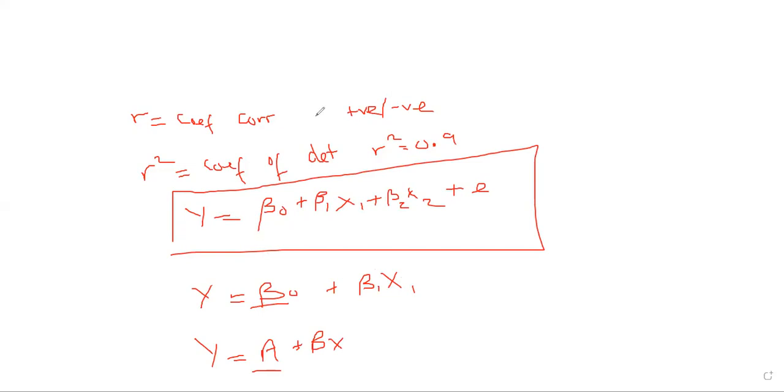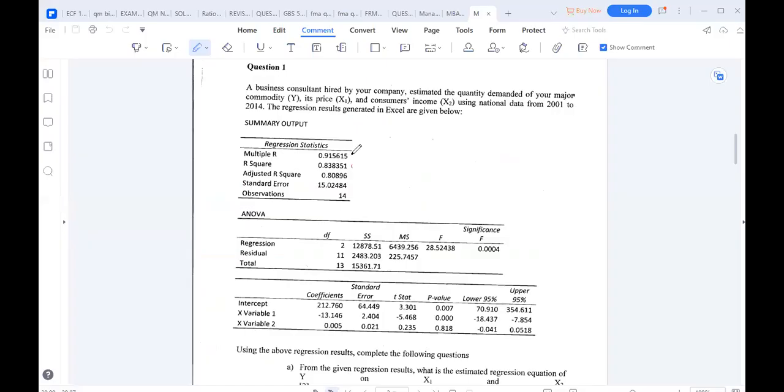So bit by bit, I want us to look at this and narrate it. We've been given the R squared and the R. So we've been given to interpret income and national data.